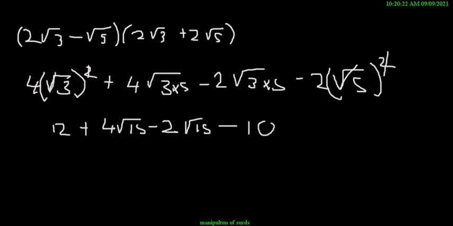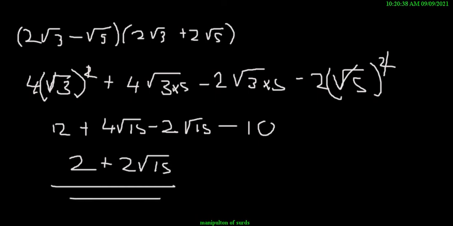Then we have 12 minus 10, which is 2, and we have 4 minus 2, which is 2 root 15. So positive 2 root 15, and that's our answer.